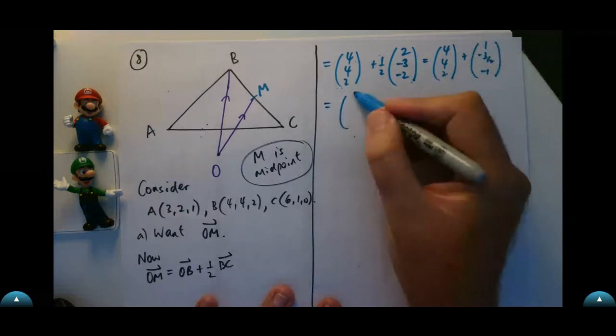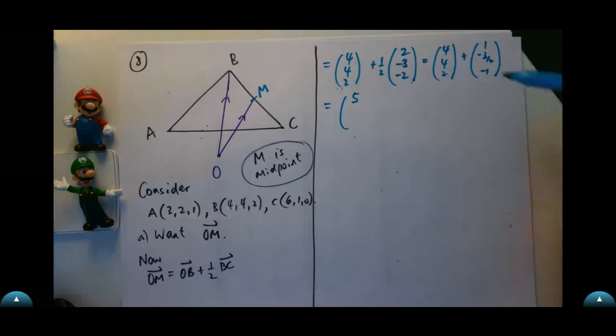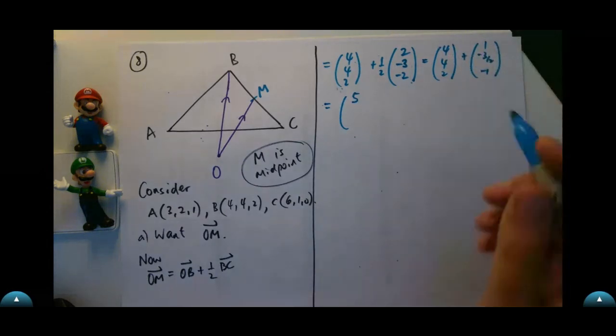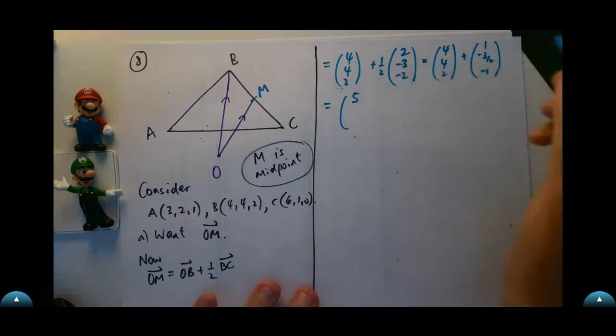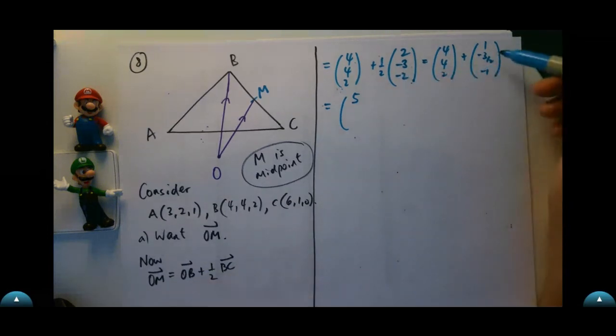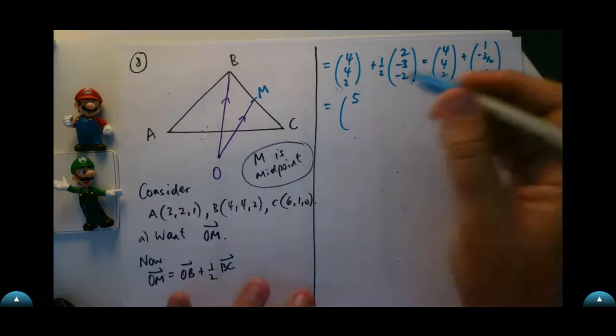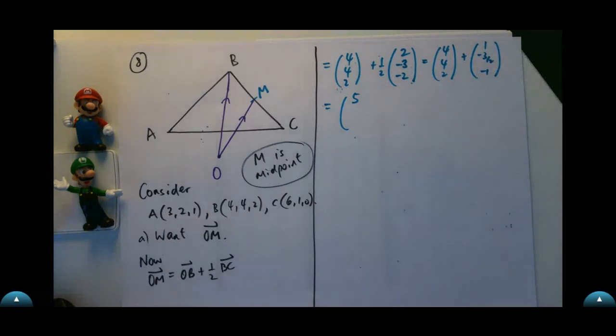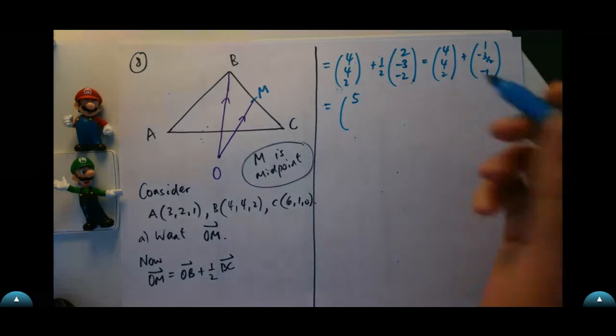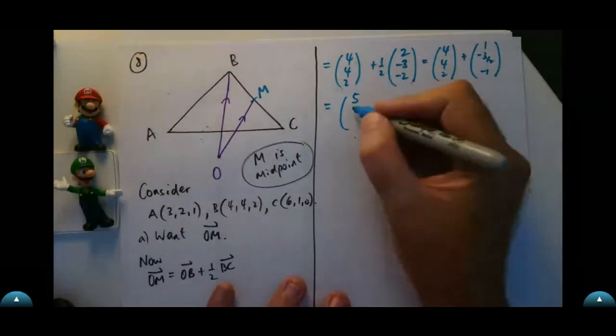So 4 minus 1.5 is going to be 2.5, which is 5 on 2.